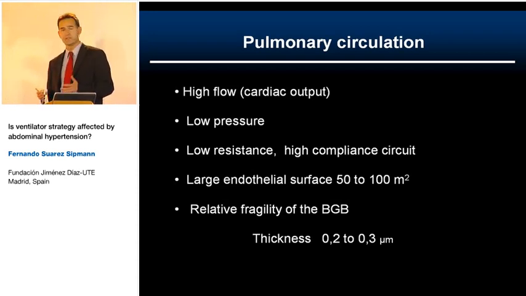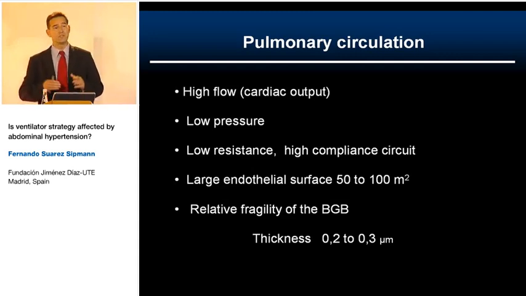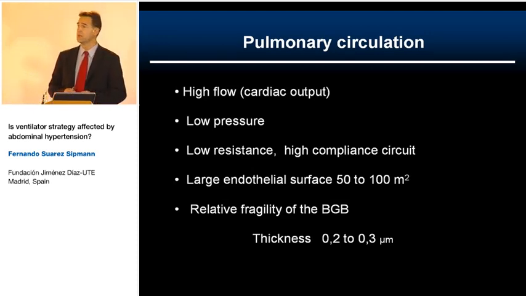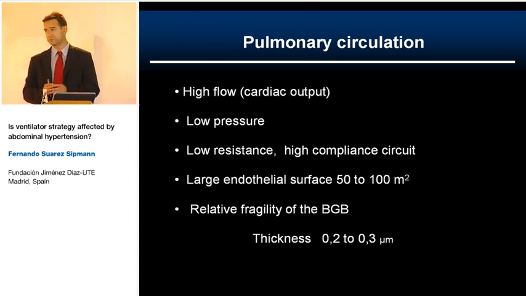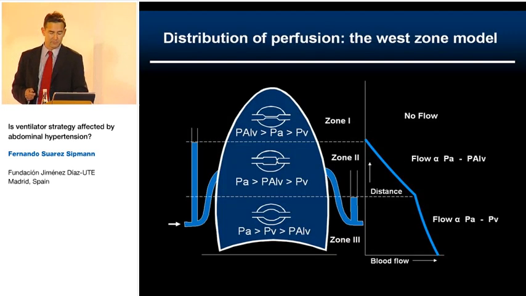It has a low resistance, a high compliance circuit. It has a huge endothelial surface with all these active cells being exposed to this high flow, and it has a relatively fragile blood-gas barrier with a very thin layer of 0.2 to 0.3 micrometers.